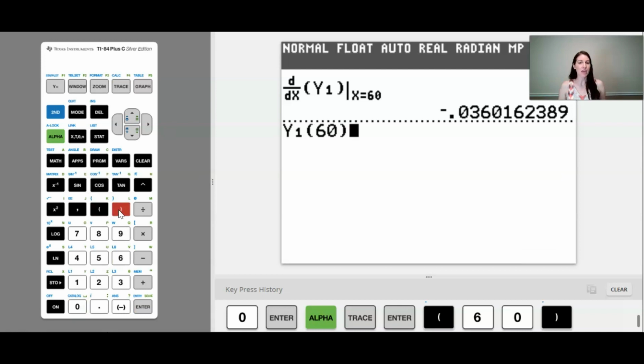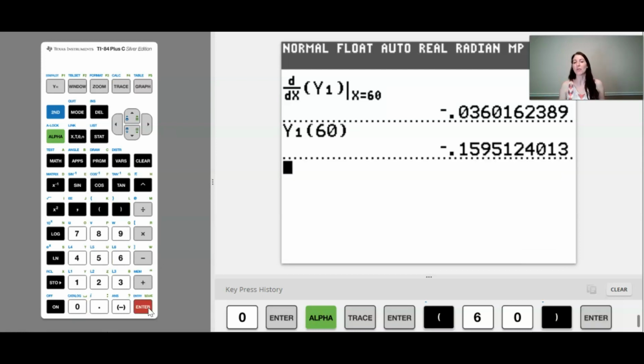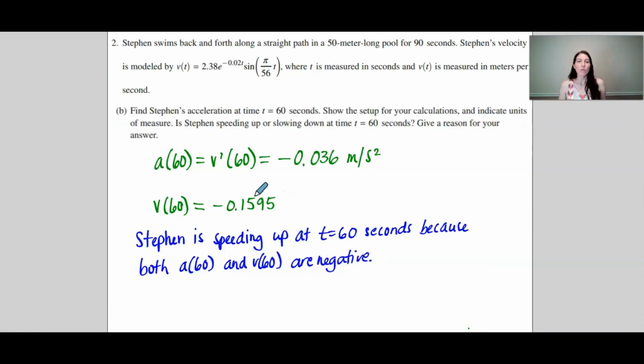Plug your function into y1 so you don't have to keep typing it over and over again. We can see that velocity is also negative. If acceleration and velocity are the same sign, either both positive or both negative, our person is speeding up. And once again, both acceleration and velocity are negative at a time value of 60.